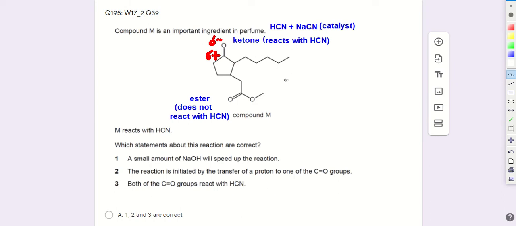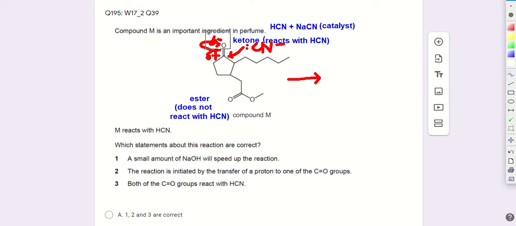First, we have the CN minus from the NaCN. This cyanide ion will attack the carbon, and then I have another arrow going to the O.